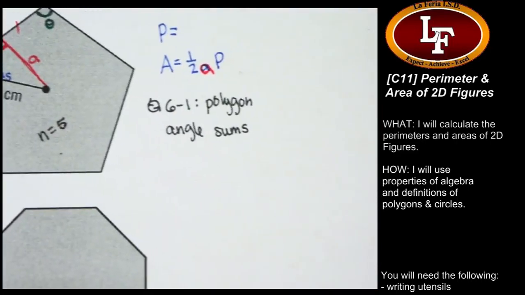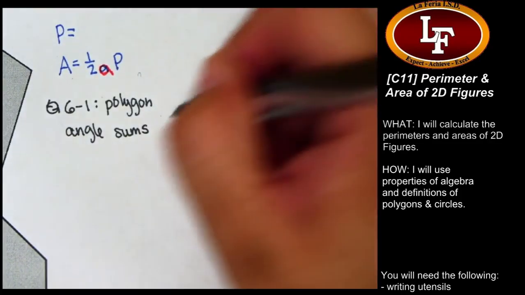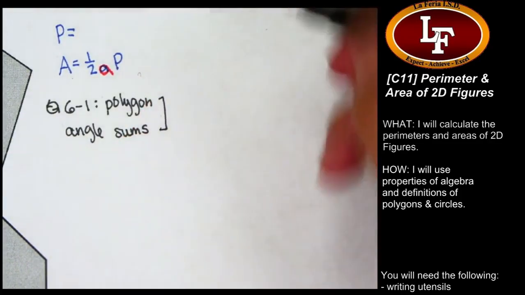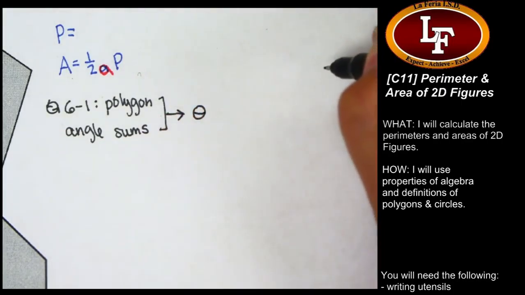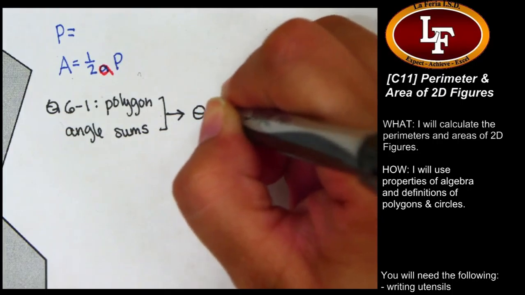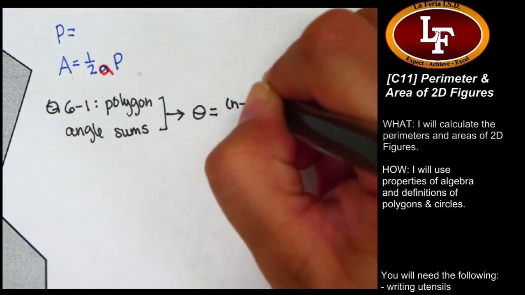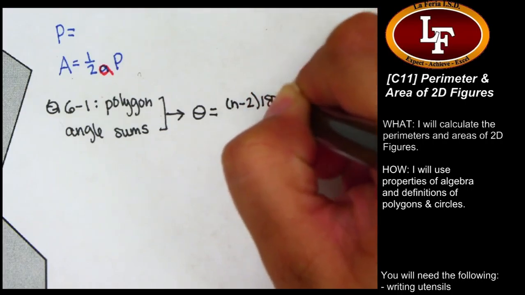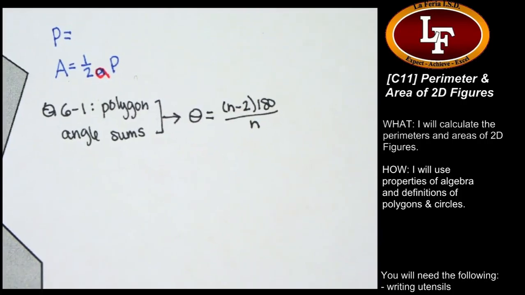And after looking back at the notes for Chapter 6, Lesson 1, Polygon Angle Sums, we see that in order to find one of the interior angles of a regular polygon, the formula is (n minus 2) times 180 divided by n.